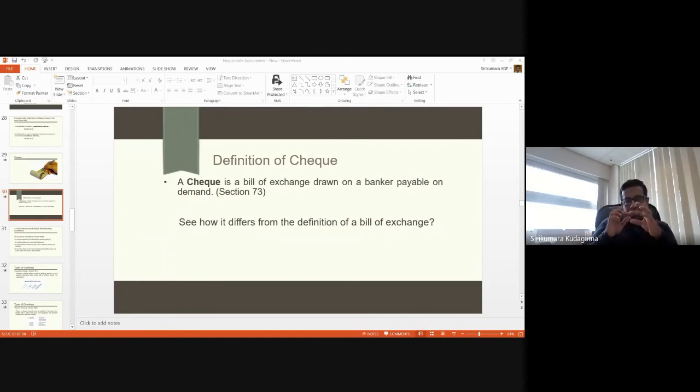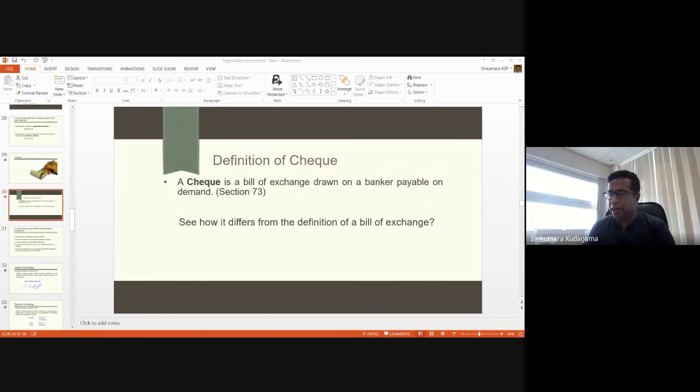So in an ordinary bill of exchange, the addressor and the addressee can be any two parties. But here, the addressee, the drawee, should always be a banker. What it means is that the drawer is a customer. Others can't draw bills on a bank, right?